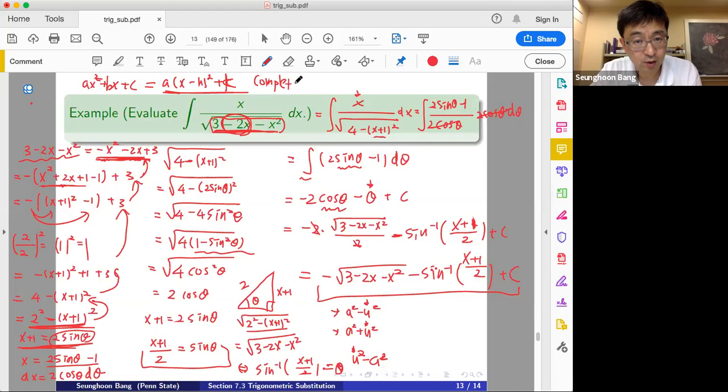Here, with minus x squared negative 2x plus 3, just take out minus 1, a technique from minus x squared negative 2x. Next, you only add and subtract the same number.